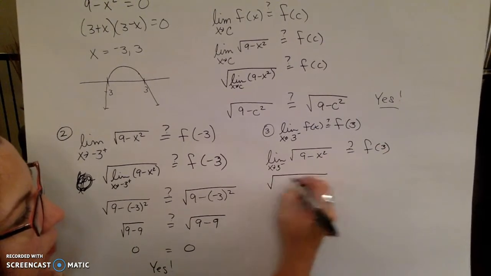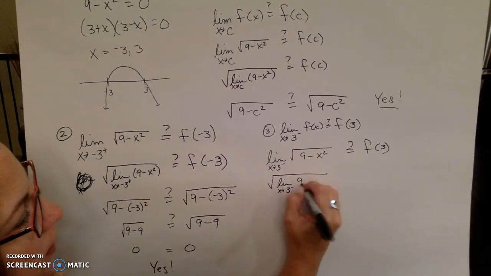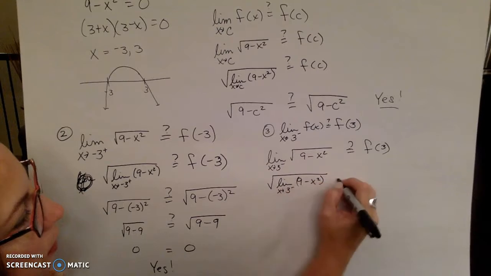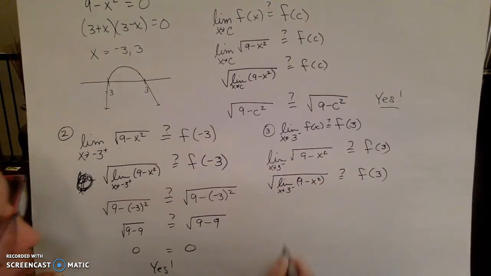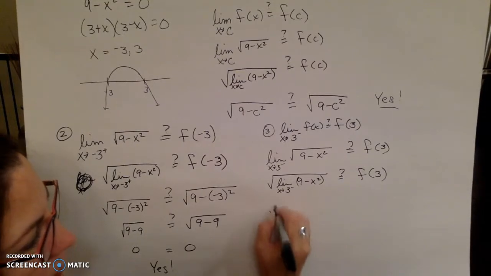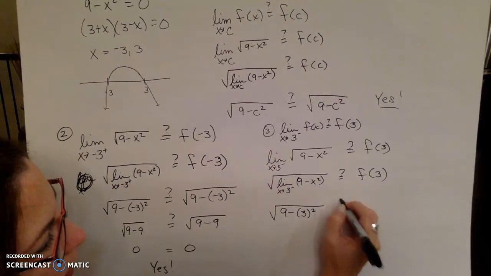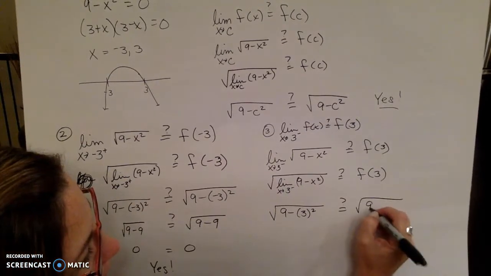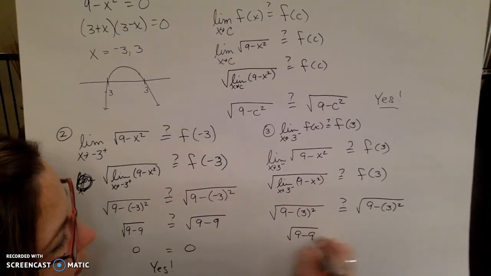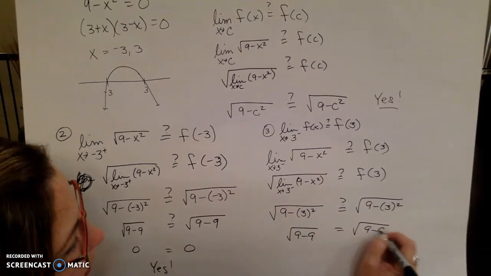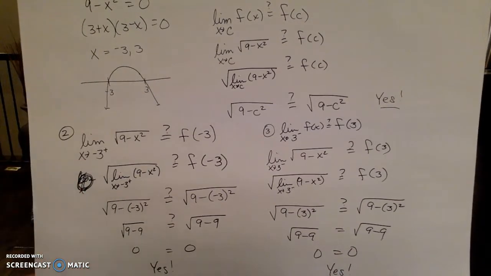This is then the square root of the limit as x approaches 3 from the left of 9 minus x squared. Is that equal to f of 3? This is now the square root of 9 minus 3 squared. Is that equal to the square root of 9 minus 3 squared? I hope that we can see that it is. 0 equals 0, yes. Okay.